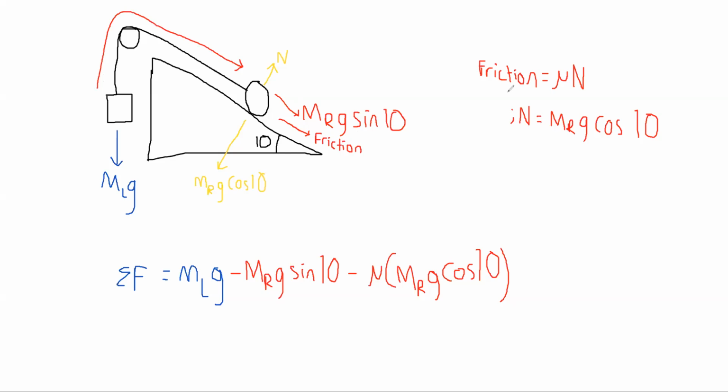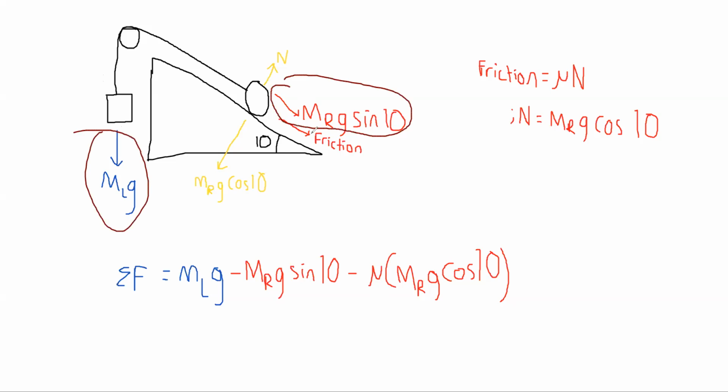Get me? So the resultant force is basically this force minus this force minus the frictional force as well. So you get mLg minus mRg sine 10 minus coefficient of friction times mRg cos 10.